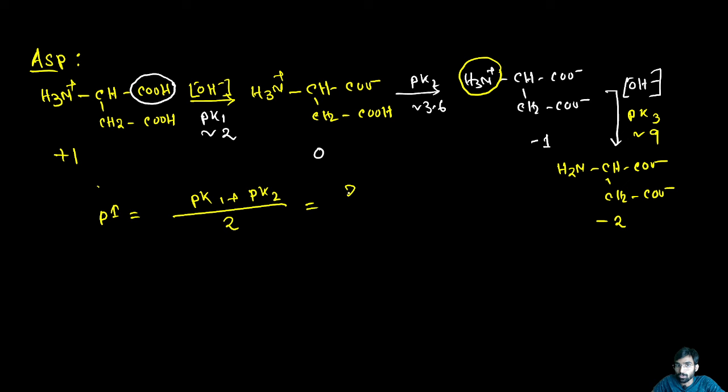That means 2 plus 3.6 divided by 2, almost 5.6 by 2, 2.8, hypothetical, right? For any amino acid, please calculate from the maximum protonated condition. That means plus 1, then 0, then minus 1, then minus 2.